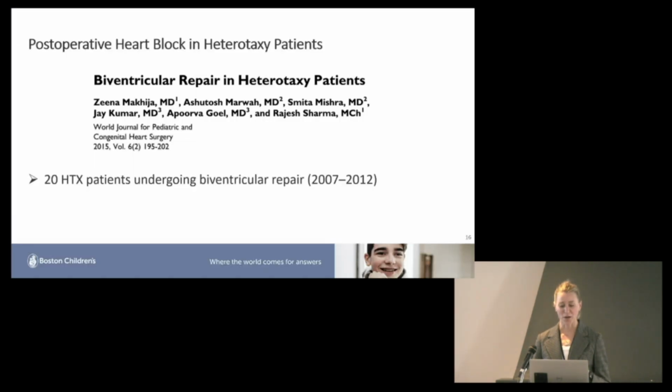All right, so luckily Dr. Hoganson has laid a lot of the groundwork for our center's philosophy on biventricular repair, which we're often pursuing in these patients. This is not from our center, but from another center in a report from 2015, which gathered together 20 heterotaxy patients who underwent biventricular repair.